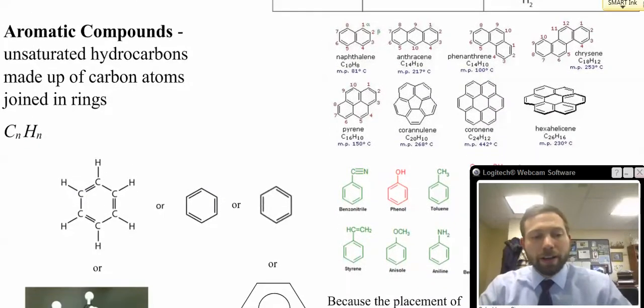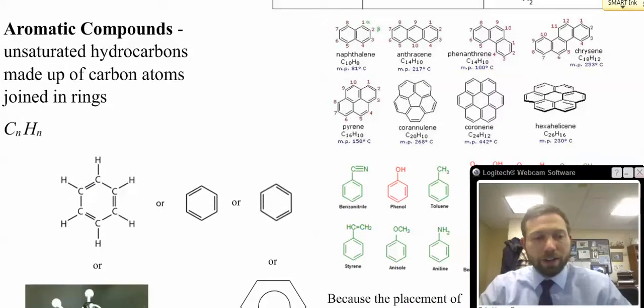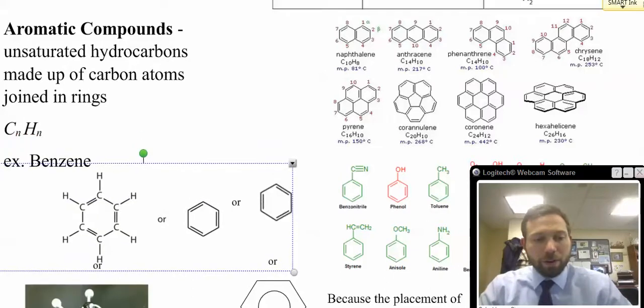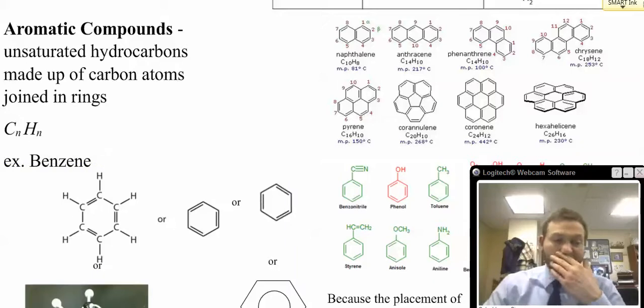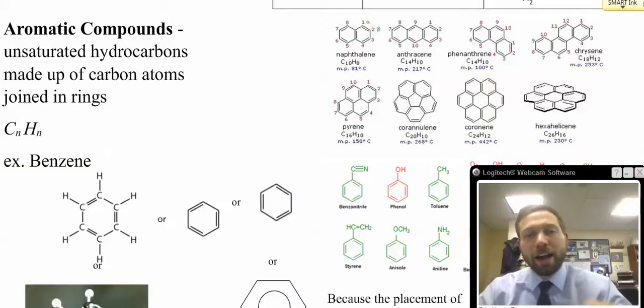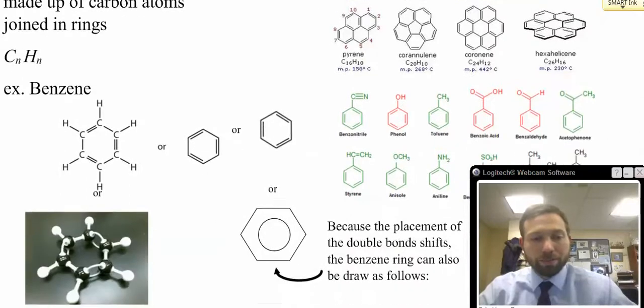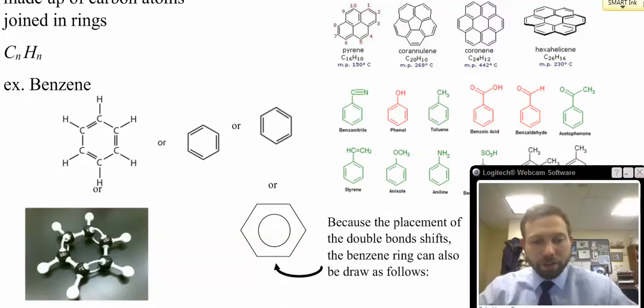If you look at the example we have right here, benzene has a structure with double bonds on every other carbon, so it has a total of 3 double bonds. But those double bonds can actually rotate around and flip to the next carbon.